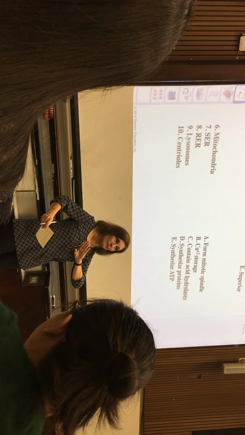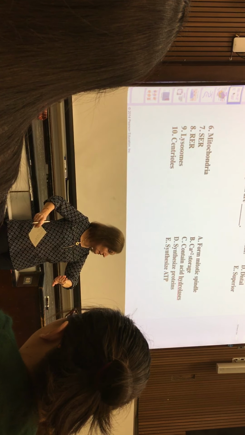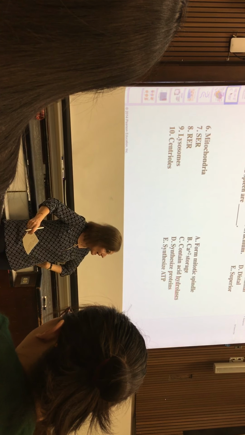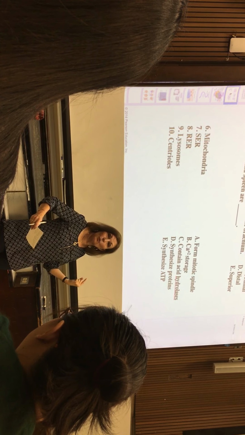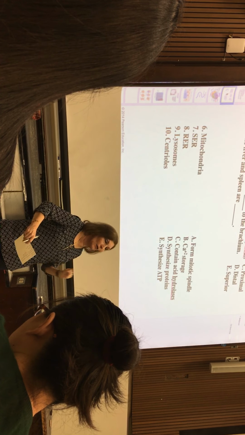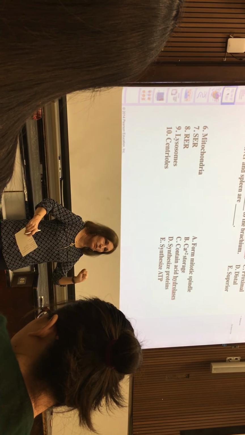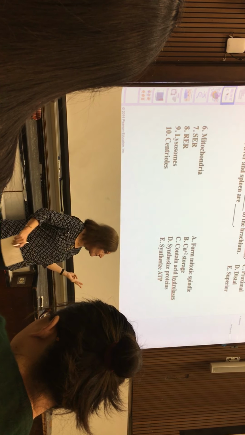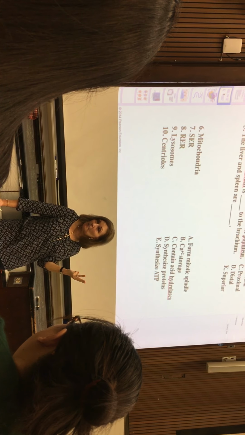Abdominopelvic cavity towards the front, peritoneal. Towards the back, without those membranes, would be the retroperitoneal space. Kidneys, retroperitoneal.